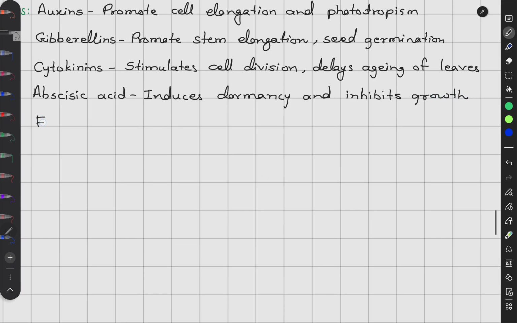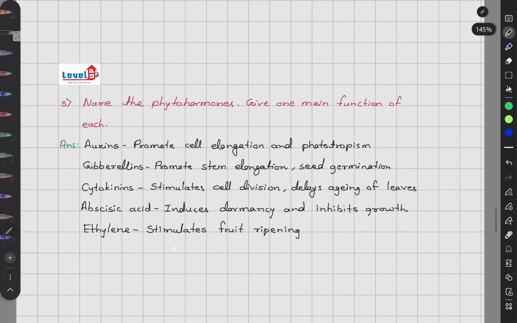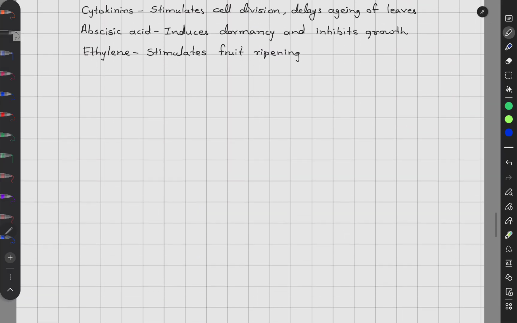The last one is ethylene, which stimulates fruit ripening. So answers are done till long answer questions.